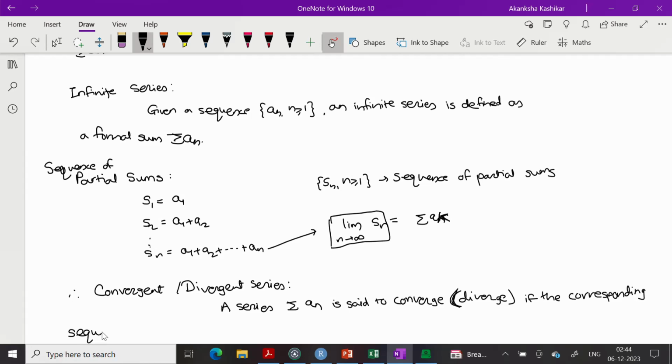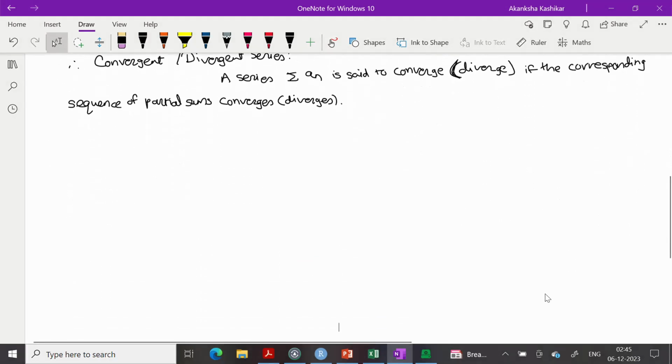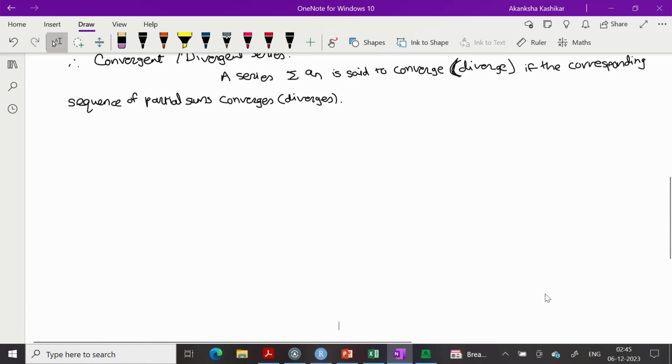If the corresponding sequence of partial sums converges, or in the case of divergence, the corresponding sequence should diverge. So this is a very important definition.